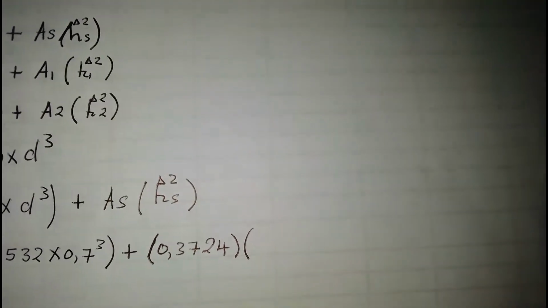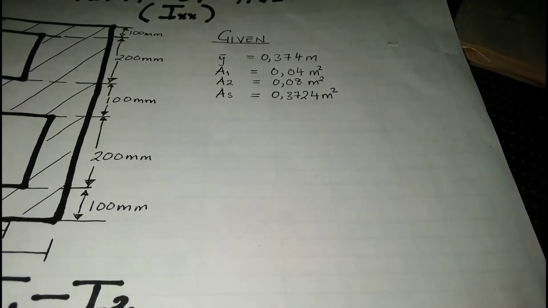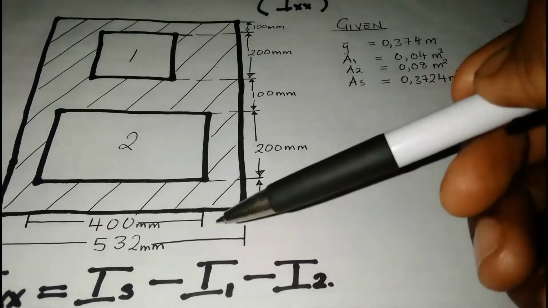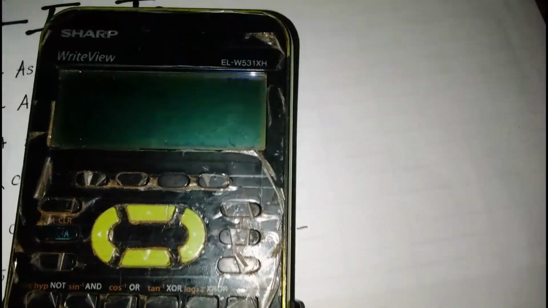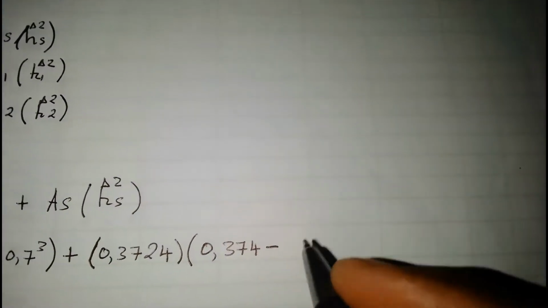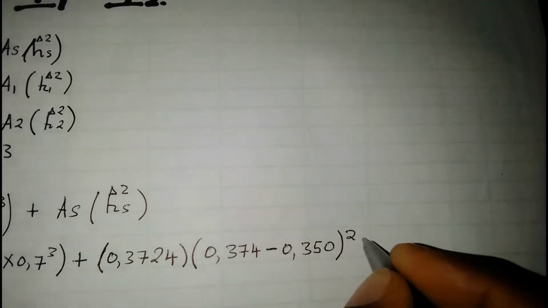Now what is the difference? The centroid is 0.374, and I'm going to subtract the midpoint for this solid part. For 700 millimeters, we divide by 2, so it will be 350, so 0.350. You're going to square this.